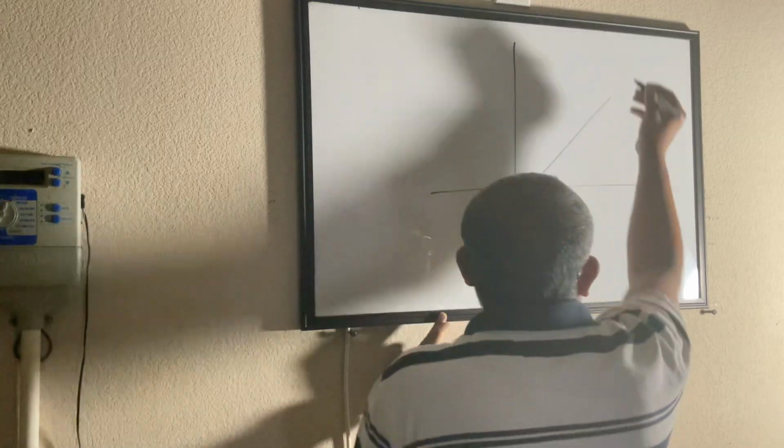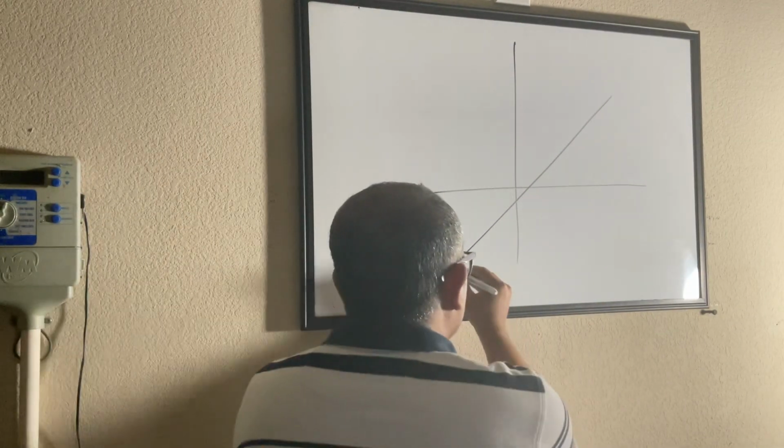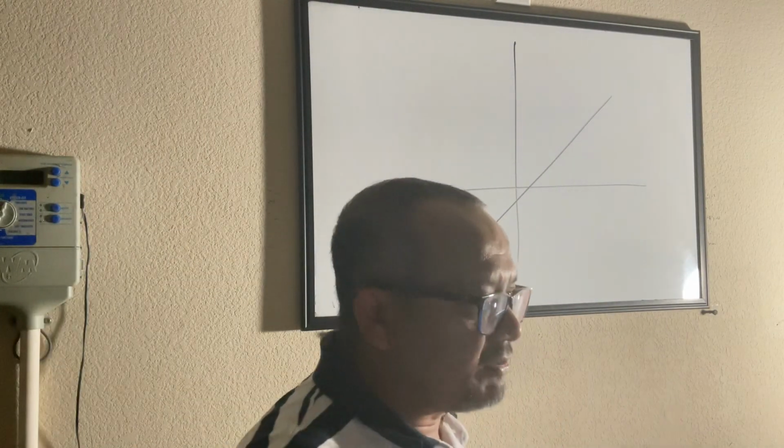So now I'm saying let's figure it out. So how do we do that? Let's look at, let's say this is one line, okay? Line 1. I don't know what the equation is, okay?